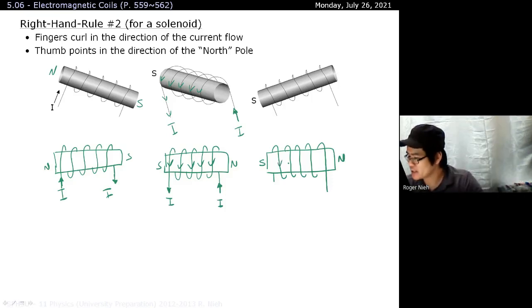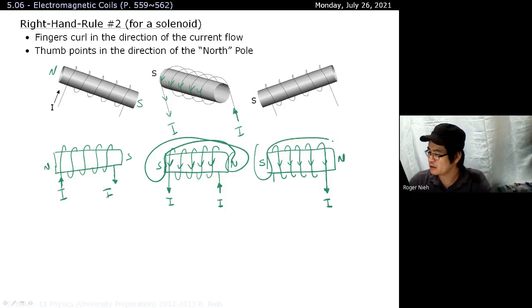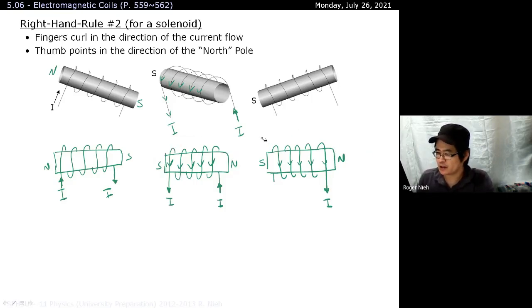So we have arrows pointing down through the front. However, this time around, it exits out on the right-hand side. So you'll notice that even though the poles of this example here in the middle versus the example on the right are still pointing the same way, the current now is the opposite way, and that's because the direction of coiling has changed. So yes, be mindful of how the drawing is done. That will impact your answer.